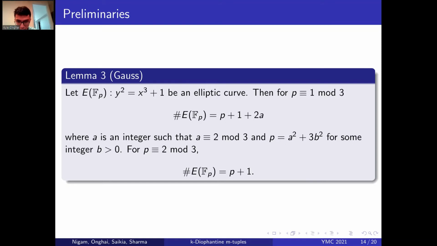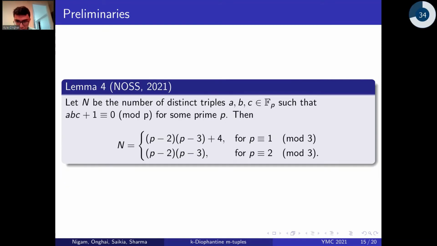And lastly, we will need a formula or a result that we actually had to find and derive, and it is the number of distinct triples a, b, c, where the product abc plus 1 is congruent to 0 mod p. We need the number of those triples, and so we have this relation here, depending on the congruence class of p modulo 3.